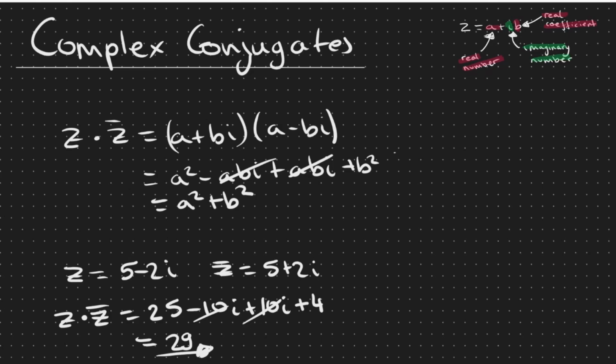Okay, let's do some more exercises together. Say you have the complex number 9 plus 4i. Multiply it by its conjugate. Normally here I don't even have to write its conjugate. You should be able to see exactly what it is. So this would be equal to 81 plus 16.